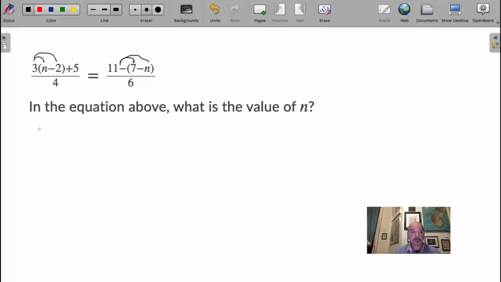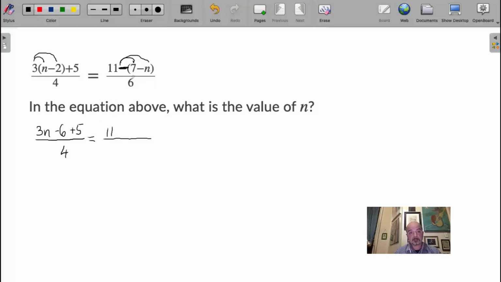As we do that, we obtain (3n minus 6 plus 5) all over 4 equals 11. And then please remember that the effect of a minus in front of parentheses is that it changes the signs of all the terms inside the parentheses.